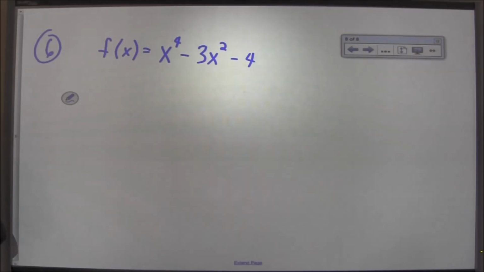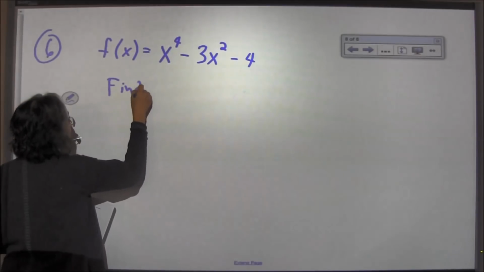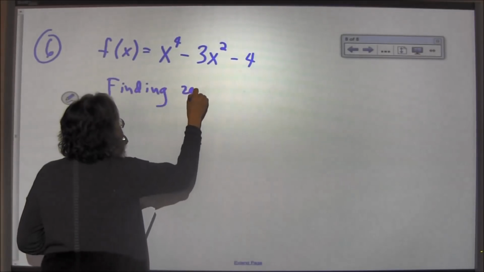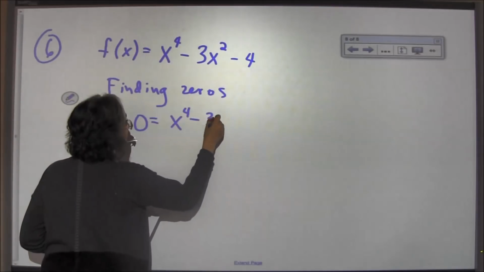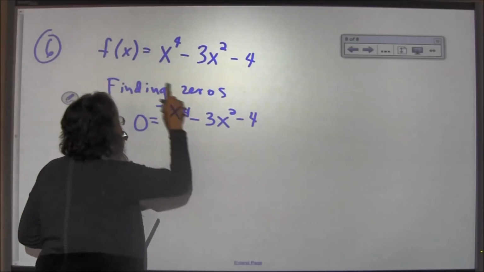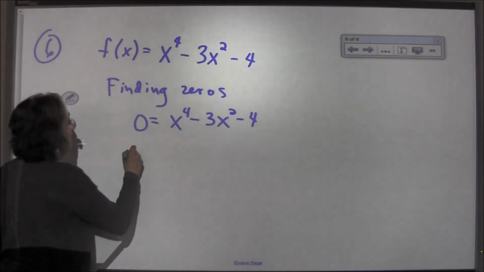So if it doesn't say find all the real zeros, that means you got to find all the zeros, which would include the complex ones. We're finding zeros, which means you want to find out what x values make the y, which is the f of x, equal 0. And we're going to do this by factoring.